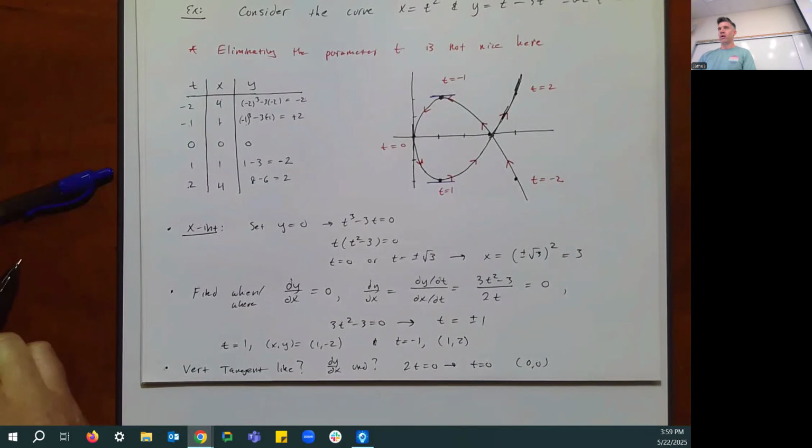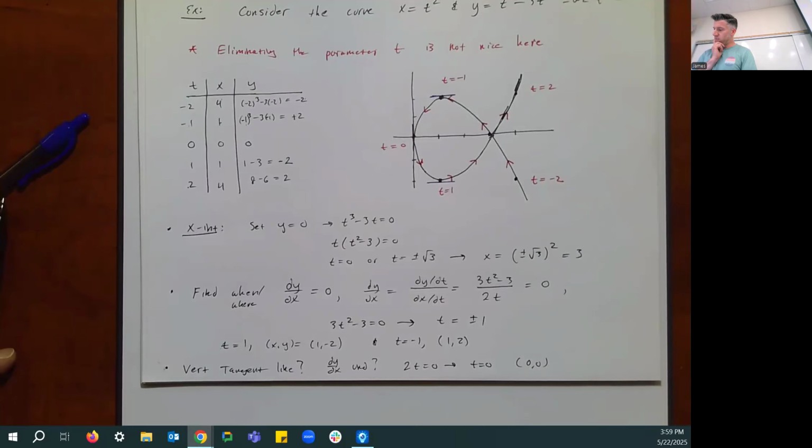That's an interesting question I hadn't considered before. Sorry, I was just having thoughts. I was asking myself, where is the thing increasing or decreasing? Which is something we don't really think about parametrically, but I think it still works, right?